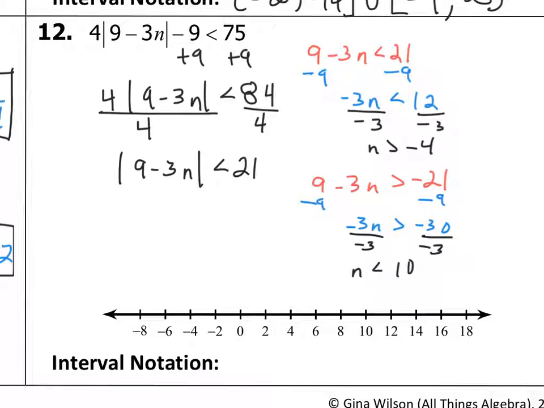So graph it and check your answers. Alright, so there's the answers to that one. If you recall, we said that when we have a less than, we will end up having an and type of a graph. So here's the graph and the interval notation.